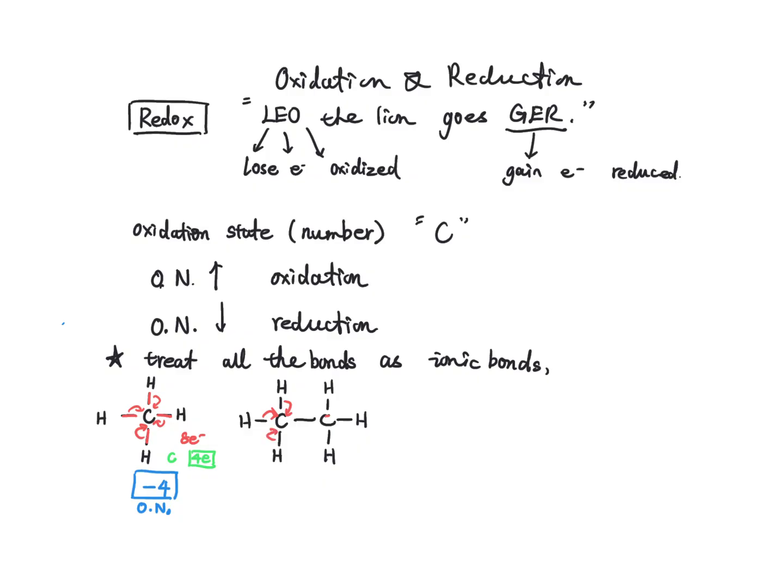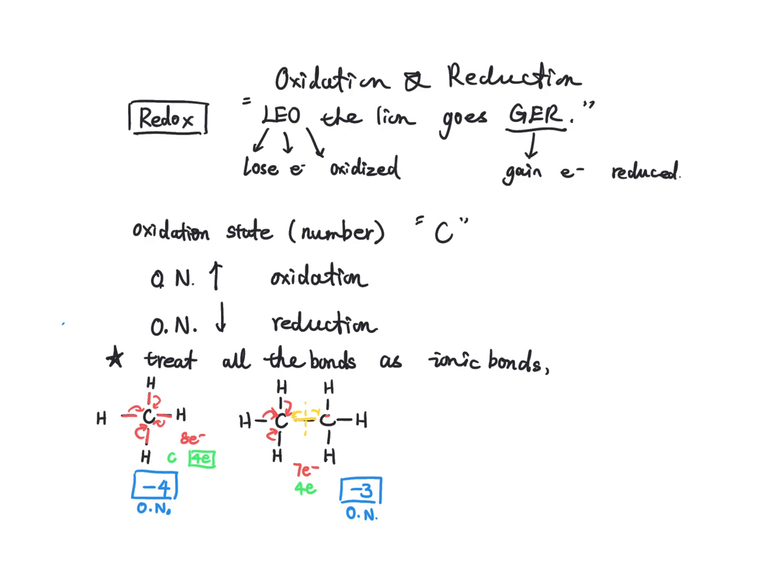And for the middle bond, because it's shared between carbon and carbon, they don't have a difference in electronegativity, so each of them gets 1. So the carbon on the left or the carbon on the right will have 7 electrons. And again, neutral carbon has 4. That means the extra 3 will give you an oxidation number of -3 in this case.